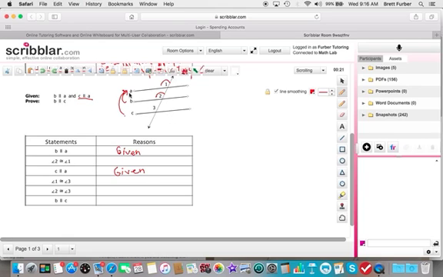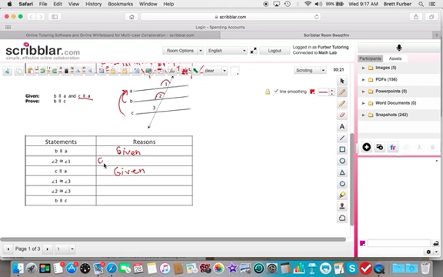Well, they've already told us that A and B are parallel. What kind of angles are angle 2 and angle 1 if A and B are parallel? Well, the answer is those are corresponding angles. One is inside and one is outside. Anytime one is inside and one's outside, they're corresponding, okay? And so those are corresponding angles.